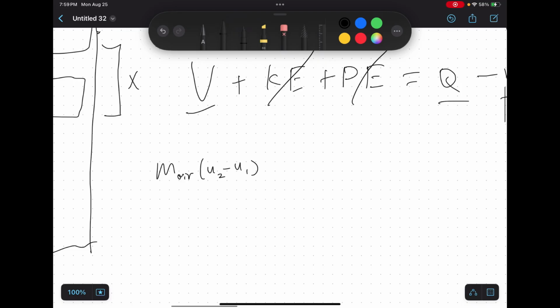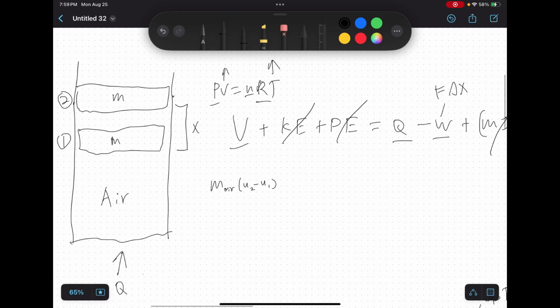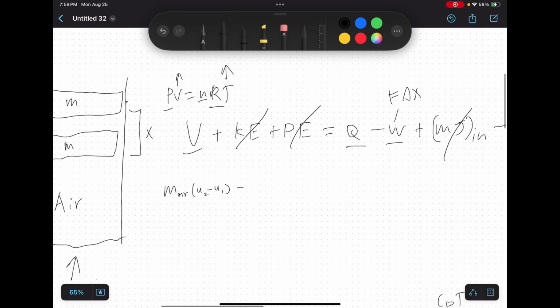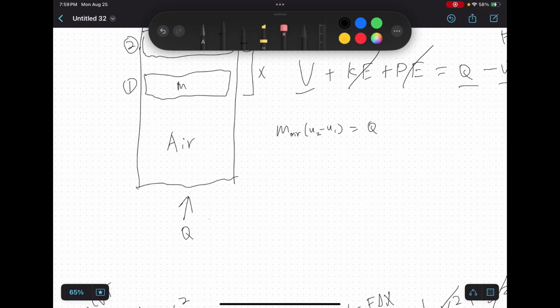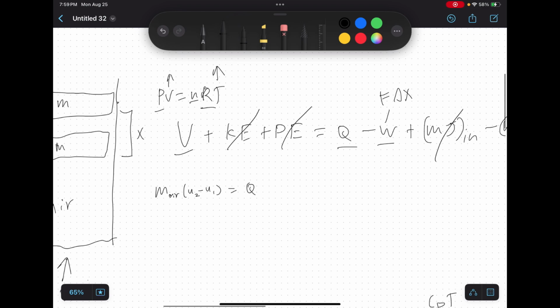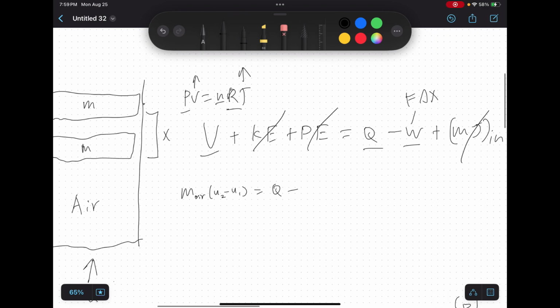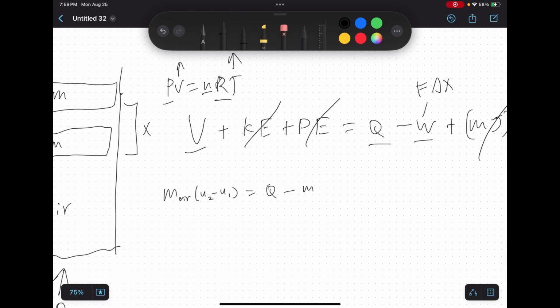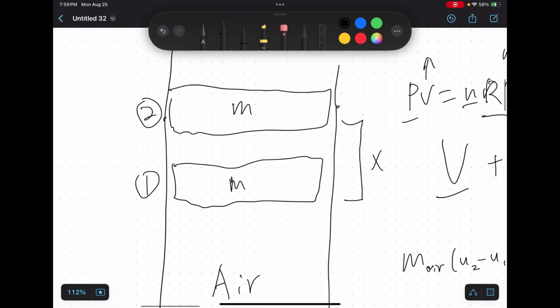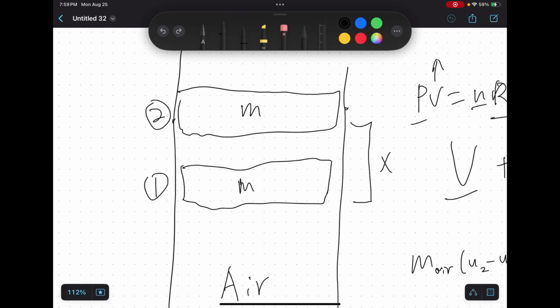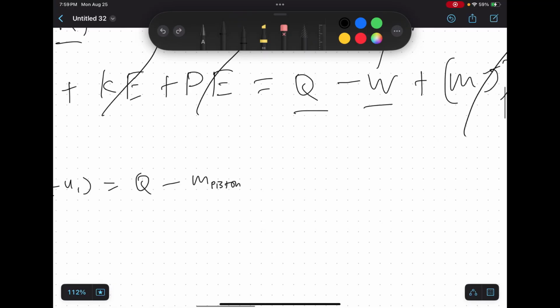I could figure that out on my own, but I just looked at my equation sheet. So you have U2 minus U1 equals Q, which we'll assume is a fixed amount of heat, like let's say it's 10 joules, some number like that, minus the work, which is force times X. And the force is the mass of the piston times gravity.